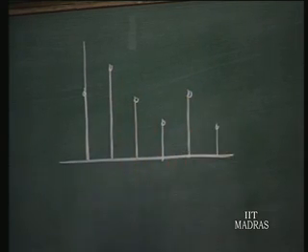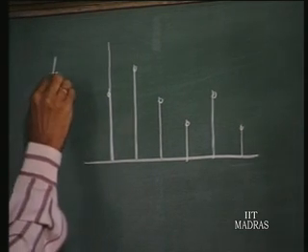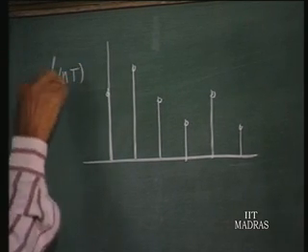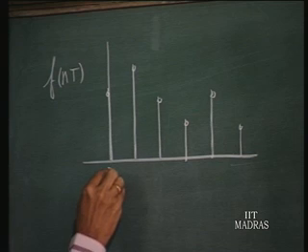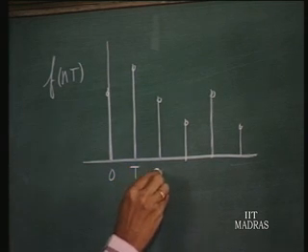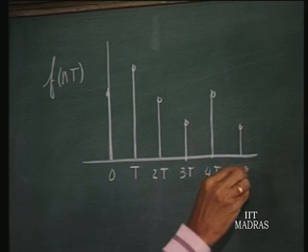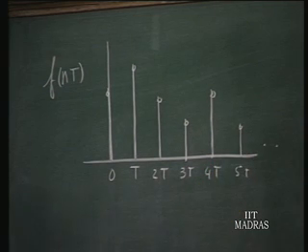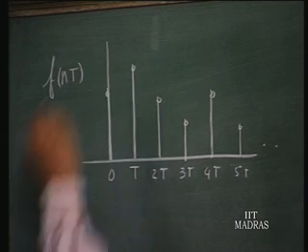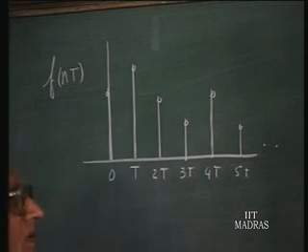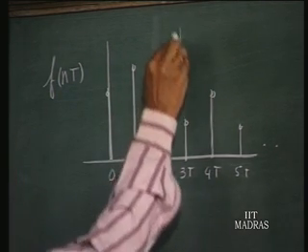So if this is a discrete time signal, we can call it f of t. This is T, 2T, 3T, 4T, 5T, etc. And the amplitude of the signal at different sampling instants is indicated by these vertical lines, and this is what we call a discrete time signal.